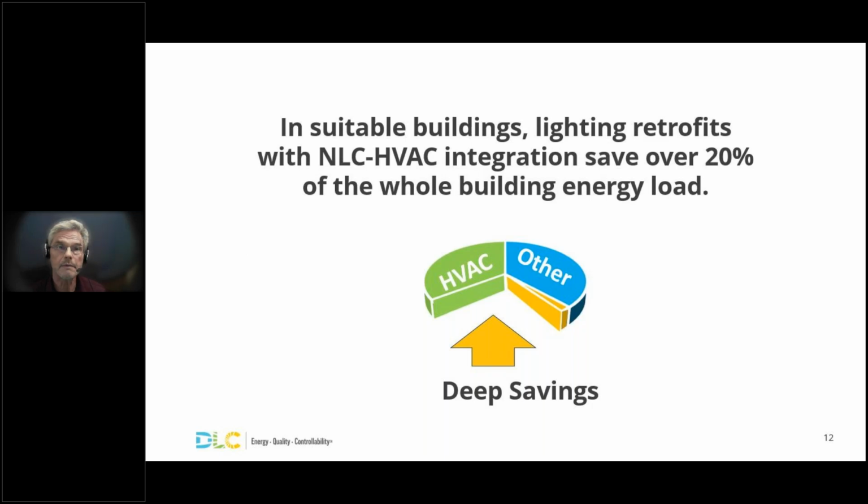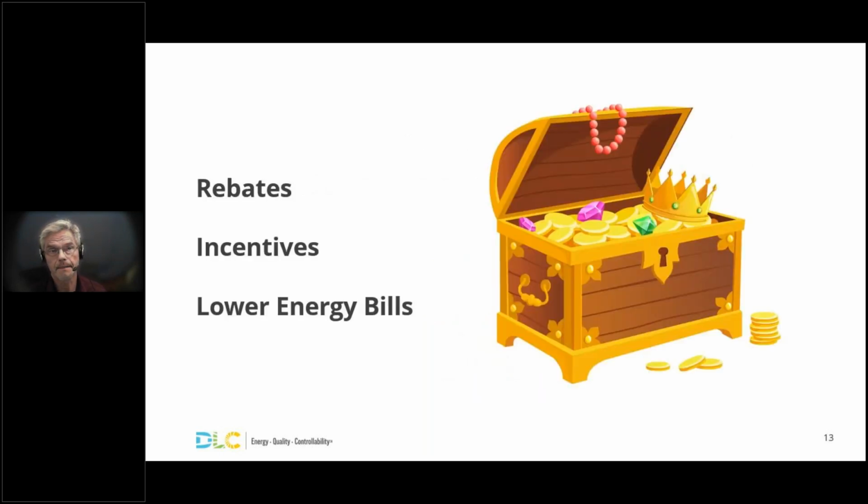The total combined savings from new LED lights with network lighting controls integrated with HVAC for occupied standby mode can be over 20% of the whole building energy load. Substantial energy savings like that from NLC HVAC integration can be your key to helping building owners unlock rebates, incentives, and lower energy bills by taking a step beyond common practice.